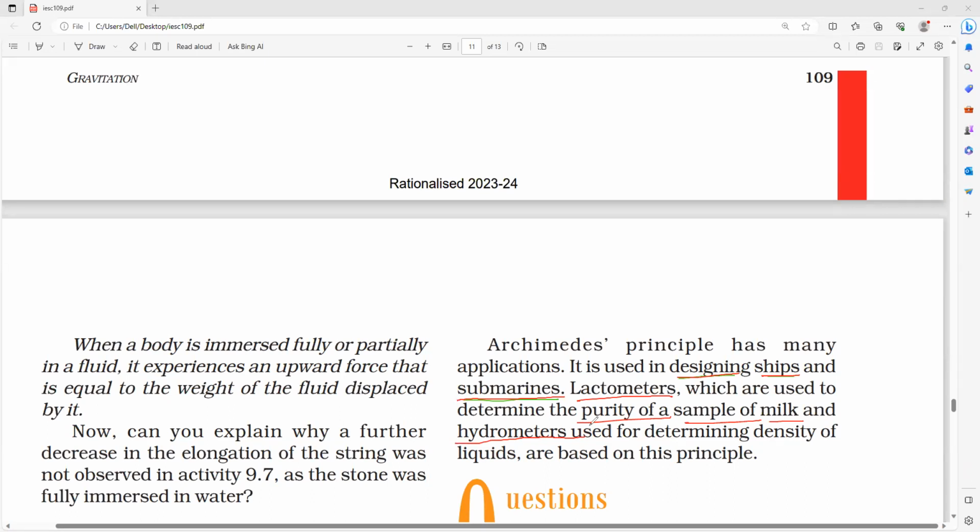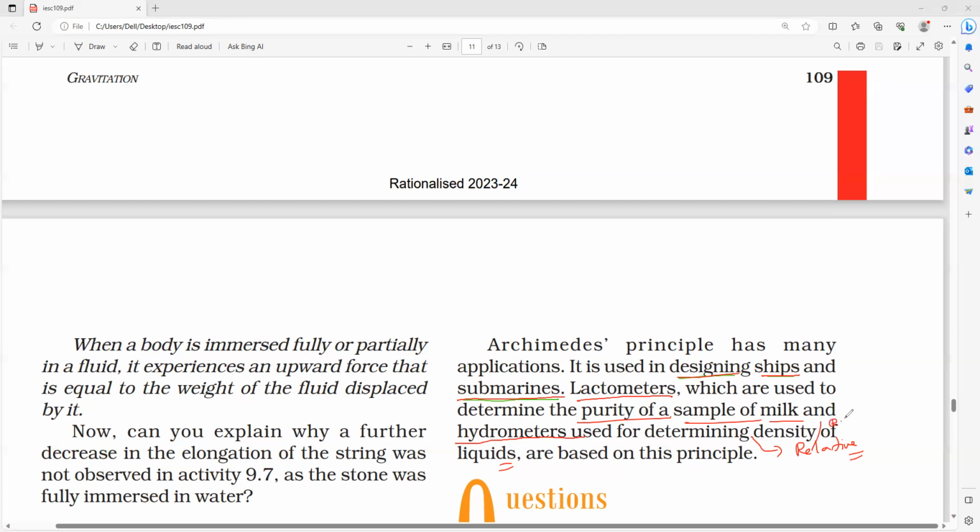The book mentions density of liquids, but it is not density; it is used to measure the relative density of liquids. Clear? Next, Archimedes principle is used to determine density as well as relative density. Both you can write.